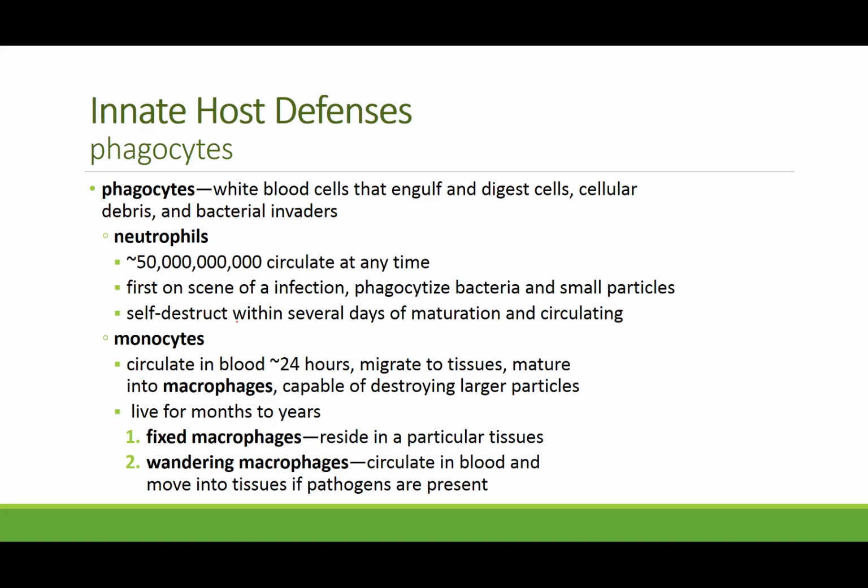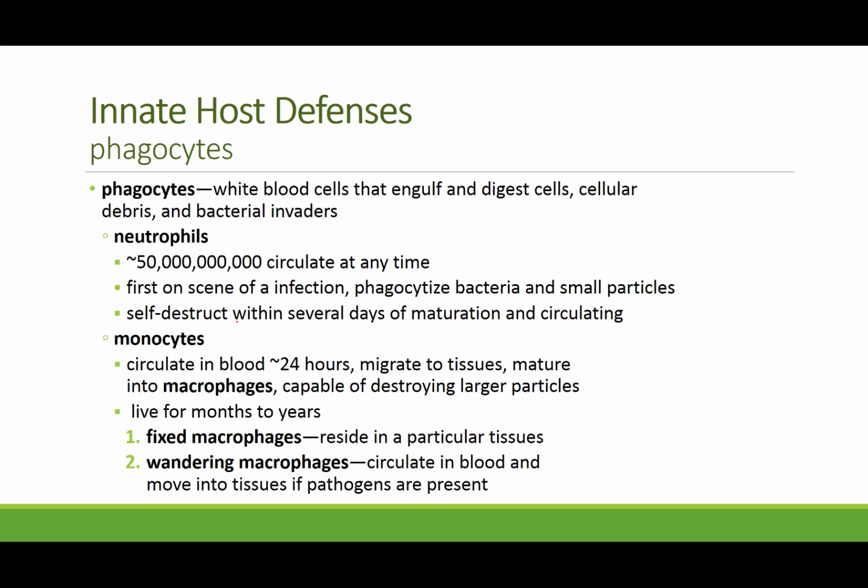And because they only have the capacity to munch on anywhere between 1 and 2 dozen bacteria, depending on the size of the bacteria, they tend to self-destruct within just a couple of days of maturing and beginning to circulate around. So once they have eaten their maximum of bacteria, then they go through this process of apoptosis, where they kind of in a very orderly way commit suicide. So those are the neutrophils.